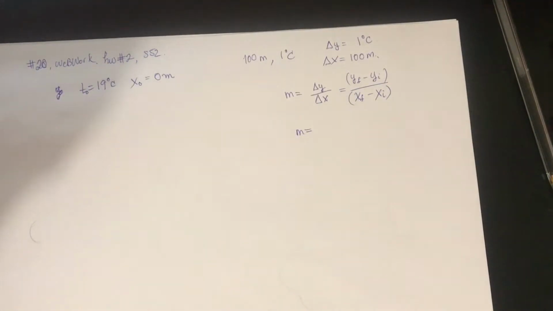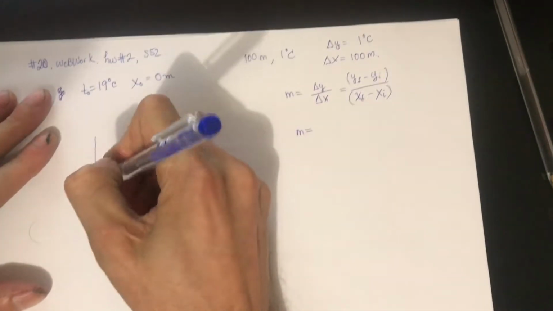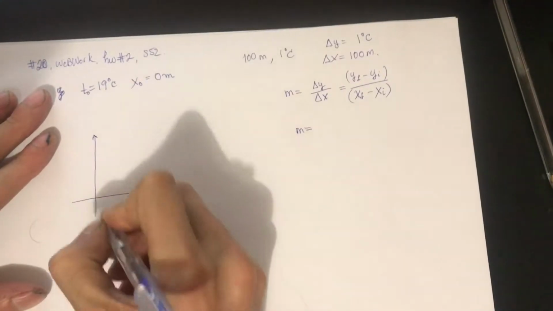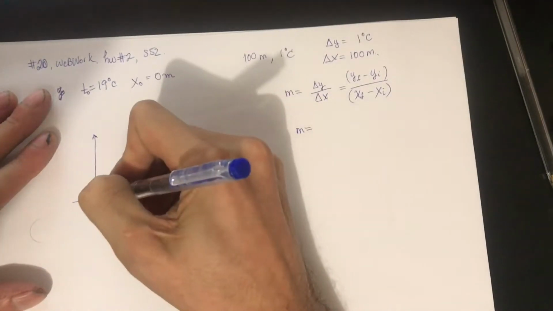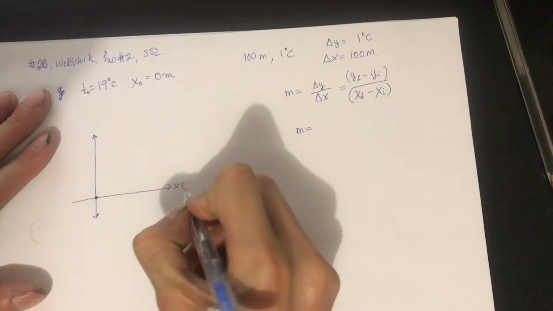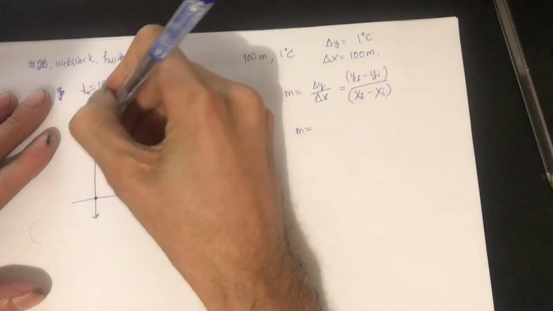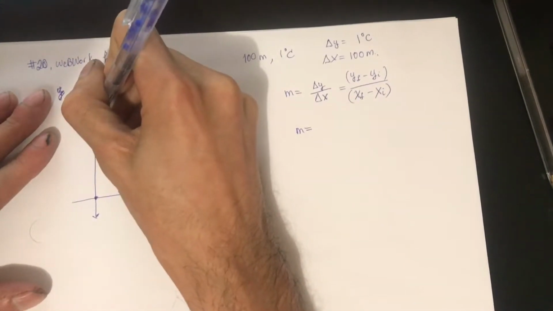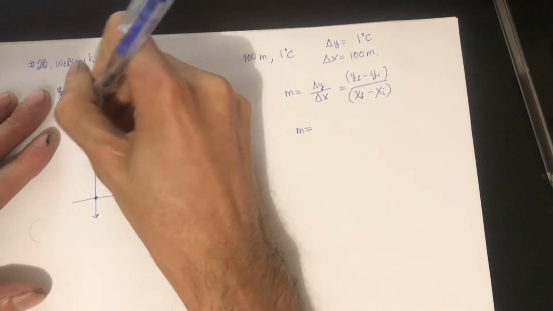If the temperature at ground level is 19 degrees, my x-axis is in meters, and my y-axis is in degrees Celsius.